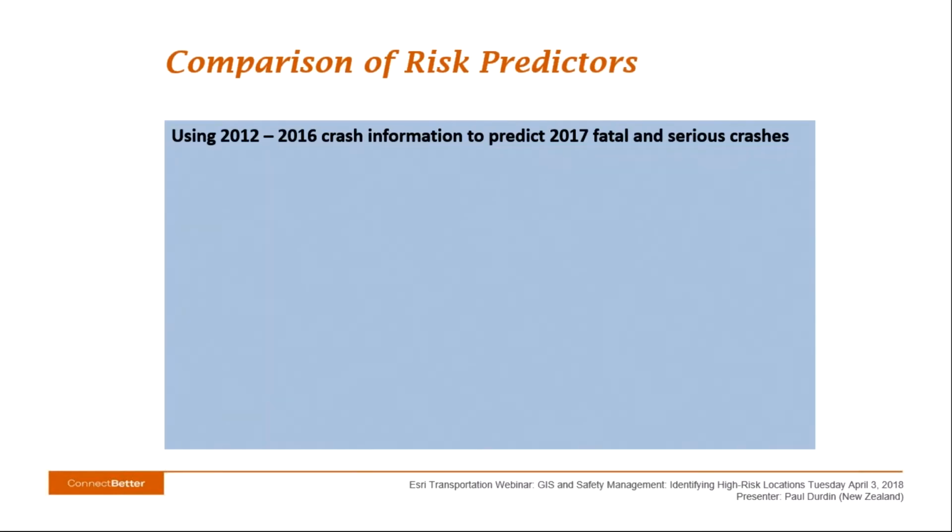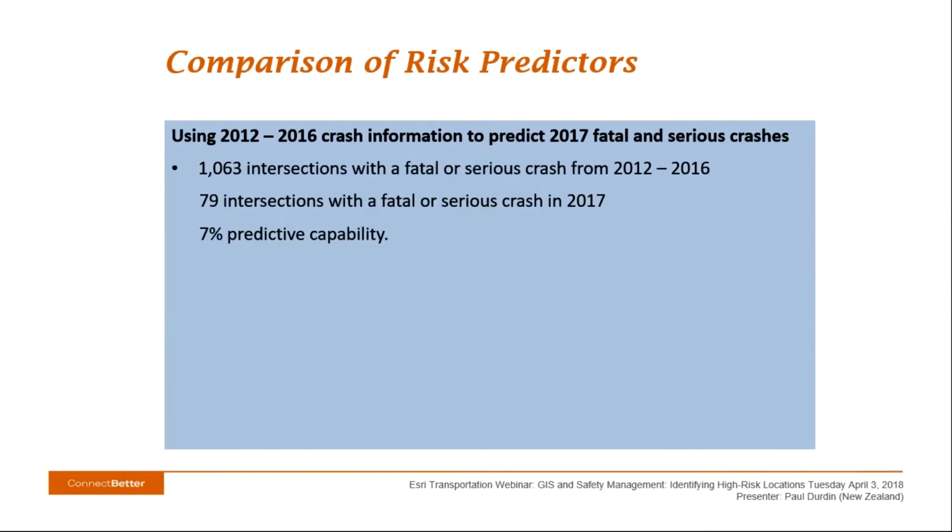So how well does this approach predict crashes compared to traditional approaches? Well, I've recently updated some statistics based on 2012 to 2016 crash information and analysed how well that has predicted 2017 fatal and serious crashes in Auckland.